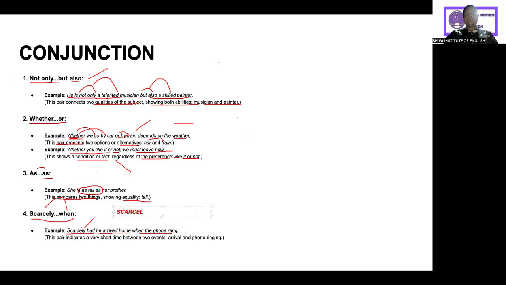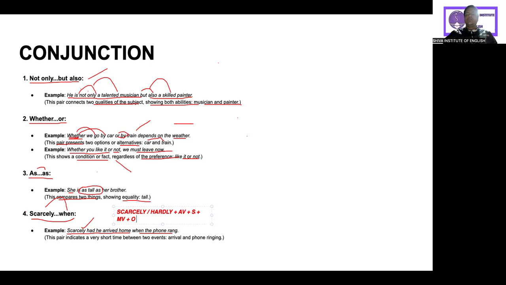Scarcely or hardly, plus I can go with the auxiliary verb, plus subject. Then after that you can go for the main verb plus object, right?